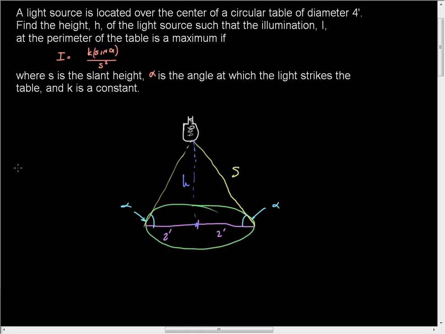So we've got I is equal to k times the sine of alpha all over s squared, which means we can do one of two things. We can either try to convert all of this over to where h is the variable, or we can relate h back into other things.